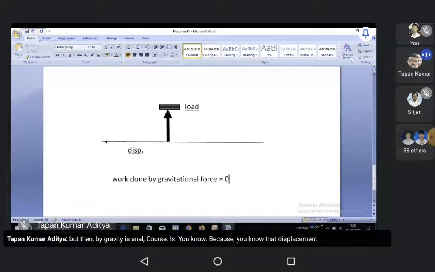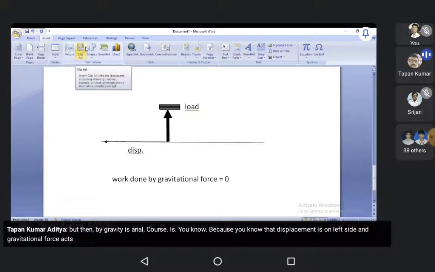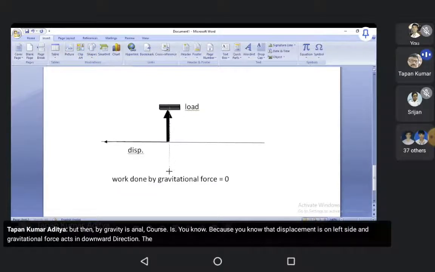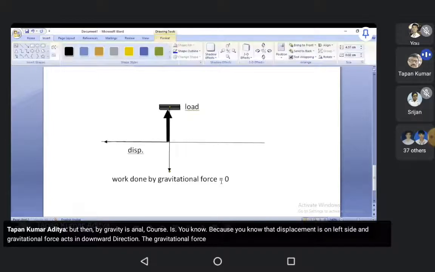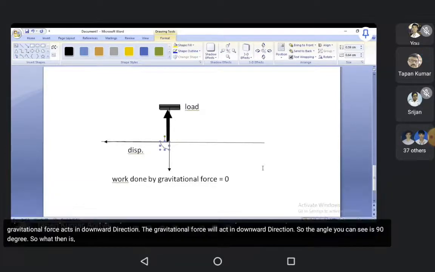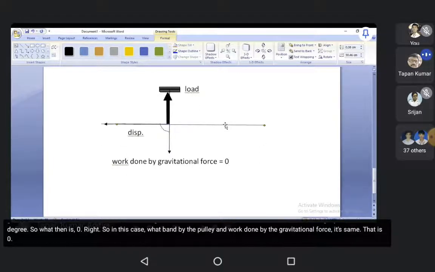Because you know the displacement is on the left side and gravitational force acts in downward direction. So the angle you can see is 90 degrees. So work done is 0. So in this case, work done by the porter and work done by the gravitational force is same, that is 0.